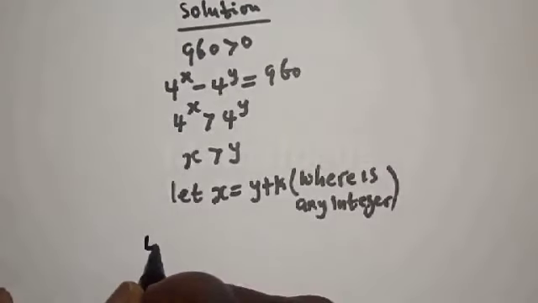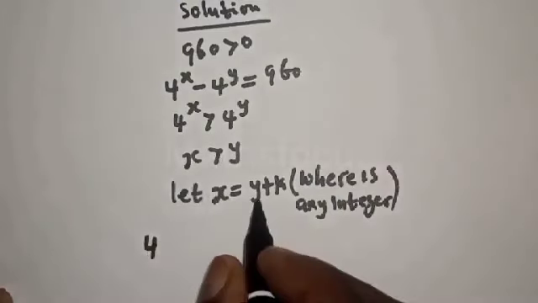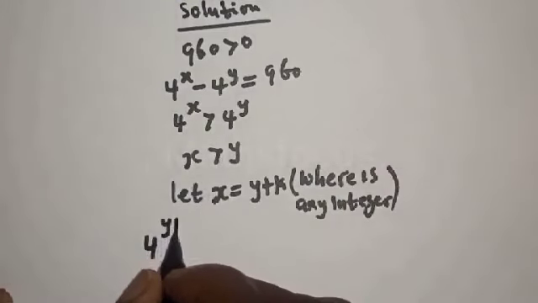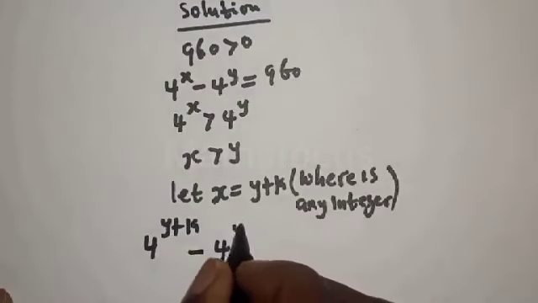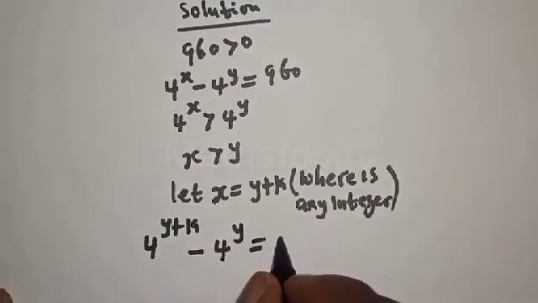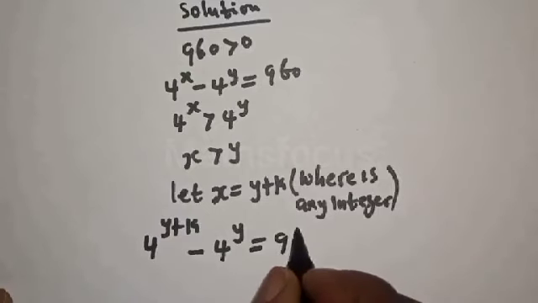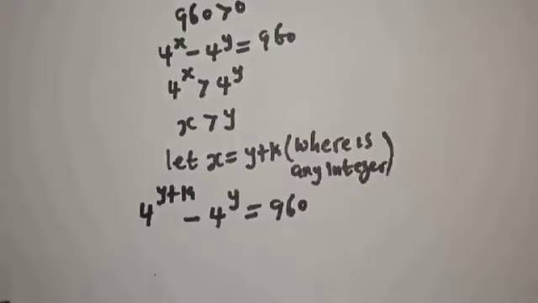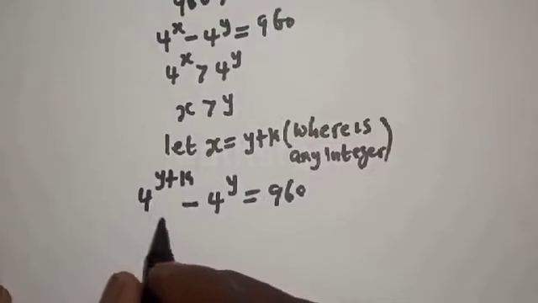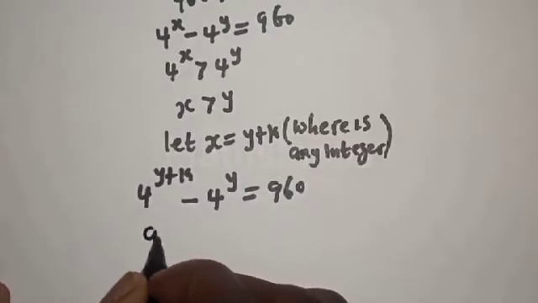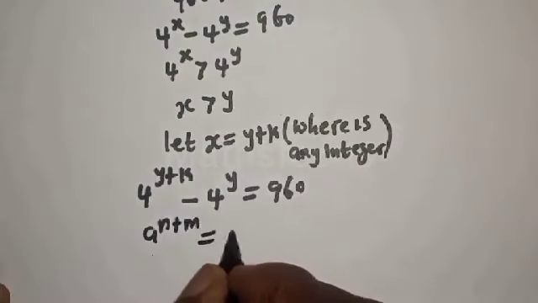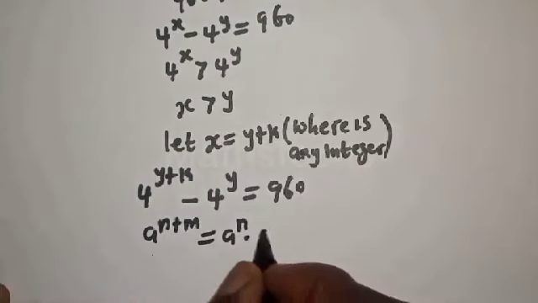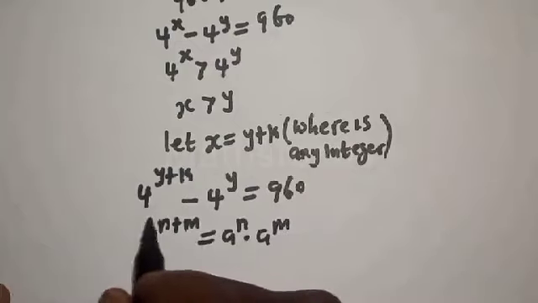We have 4 raised to the power y plus k minus 4 raised to the power y is equal to 960. Then take note of this exponential rule that a raised to the power n plus m is equal to a raised to the power n multiplied by a raised to the power m.